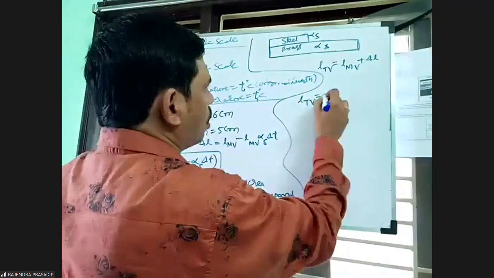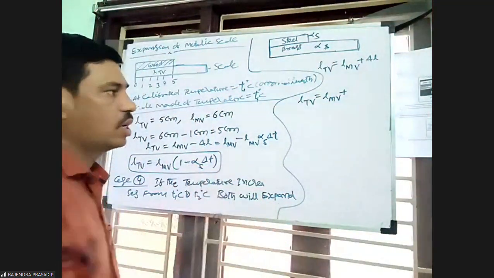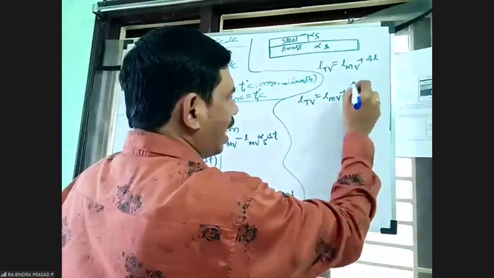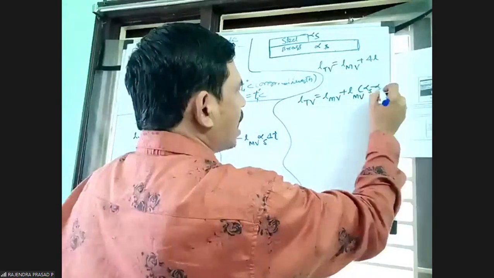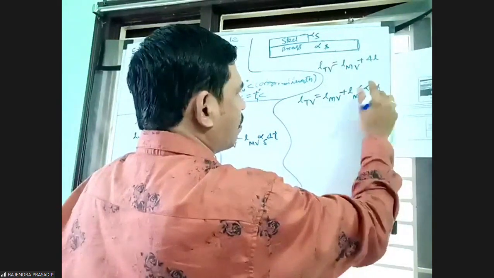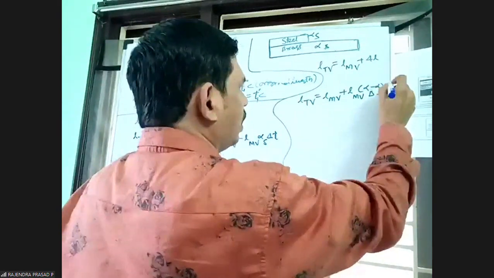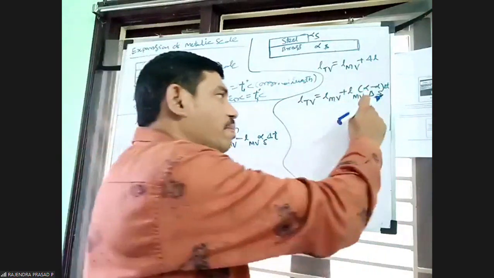L true value is equal to L measured value plus, since the temperature increases and both expand, L measured value into alpha B minus alpha S into delta T. Both are considered.